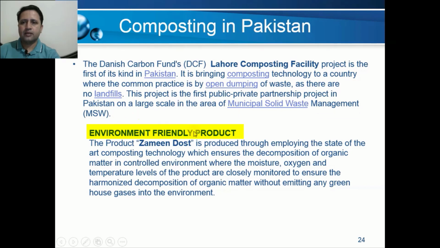An environment-friendly product called Zameen Dost is also produced through state-of-the-art composting technology, which ensures the decomposition of organic matter in a controlled environment where the moisture, oxygen and temperature levels are closely monitored to ensure harmonized decomposition of organic matter without emitting any greenhouse gases into the environment.